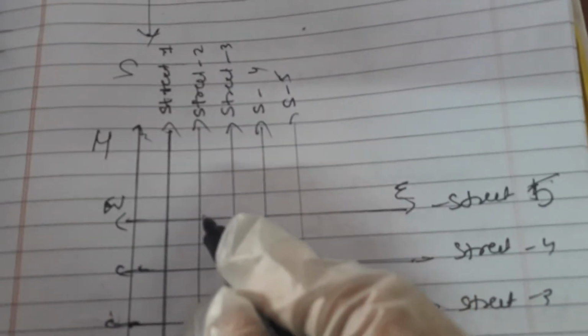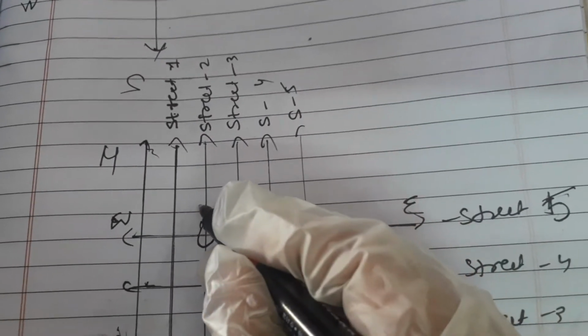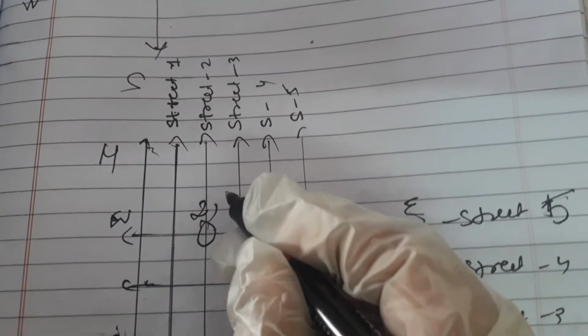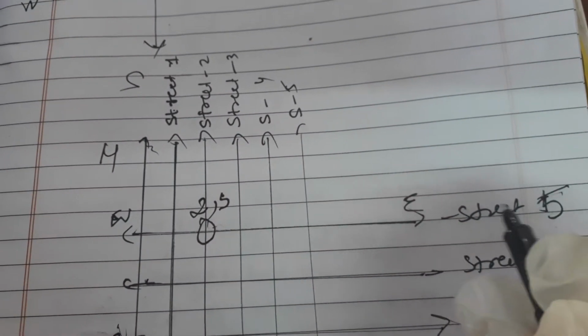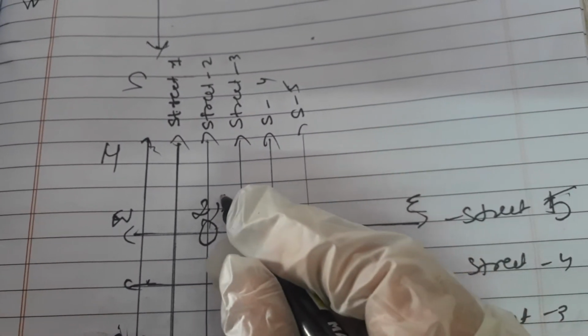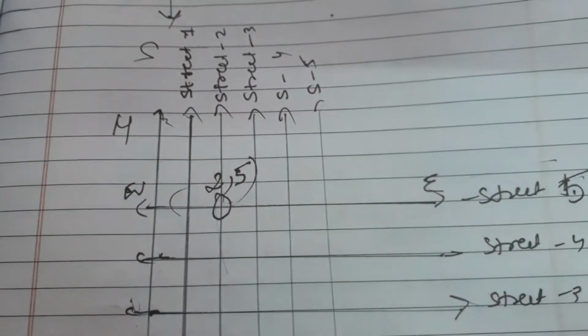So this is the location of second street, north-south direction, and fifth one in east-west direction. Because this street represents the fifth one and this street represents the second in north-south direction.